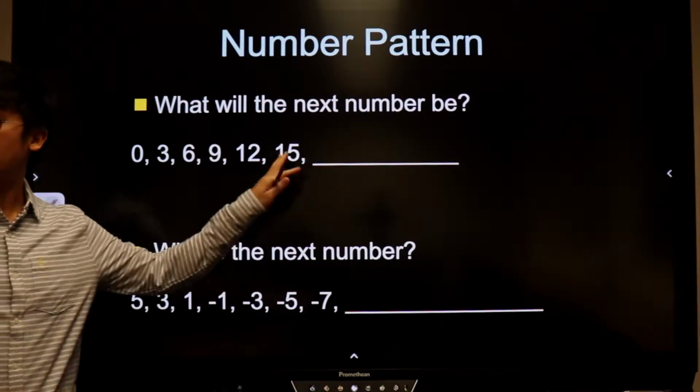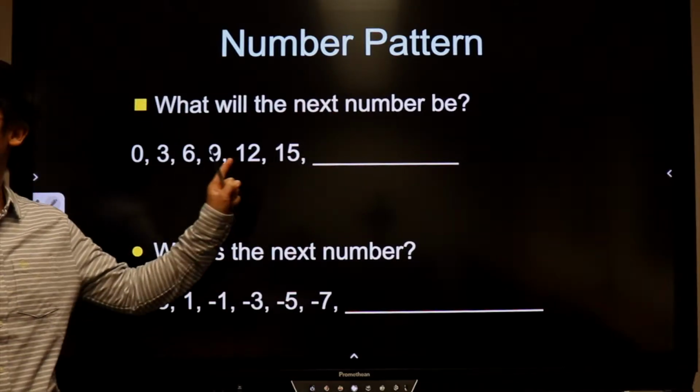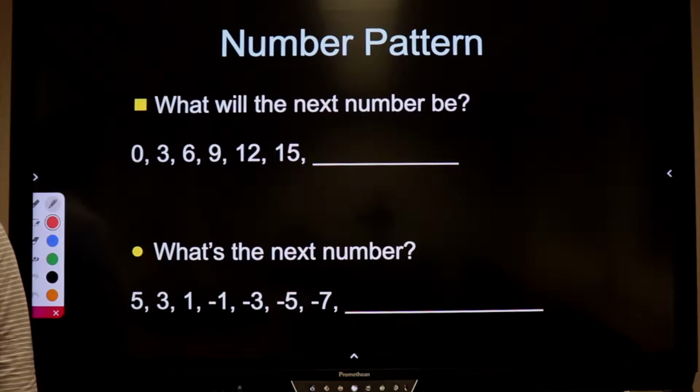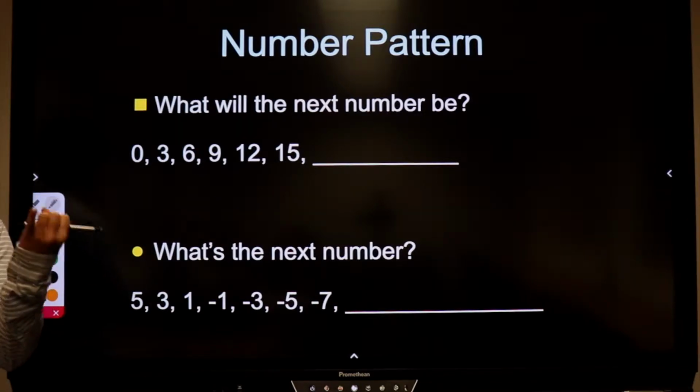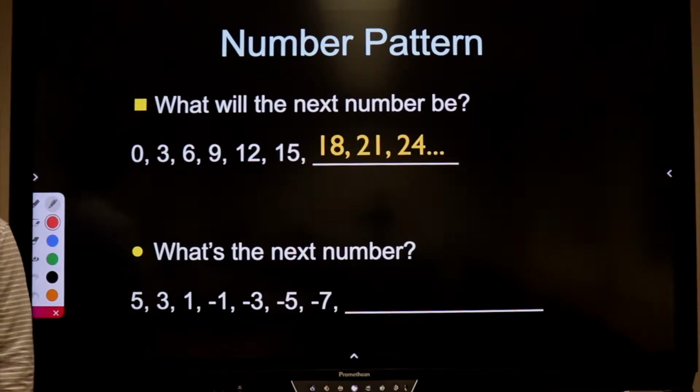What do you think would be the next three numbers in this sequence? 18, 21, so it is 18, 21, 24.